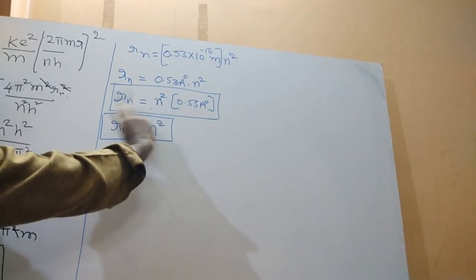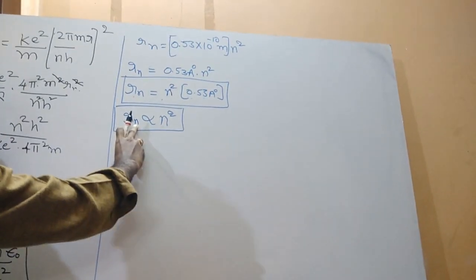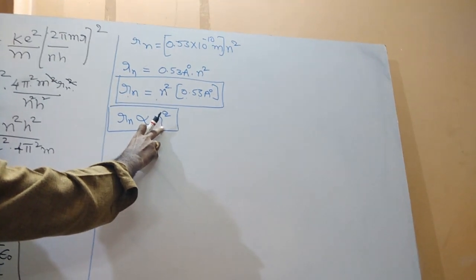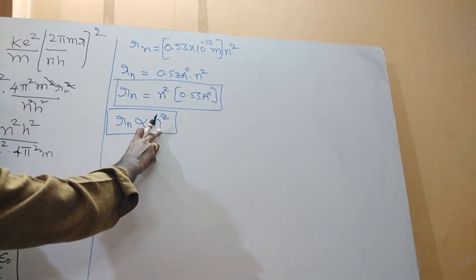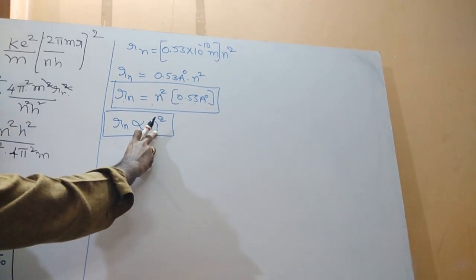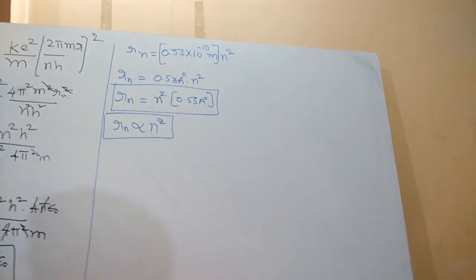With the help of this formula, we can easily find that Rn, the radius of the electron in Bohr's atom, is directly proportional to the n square value, that is the square of the orbital number. This formula will be asked in several competitive examinations.